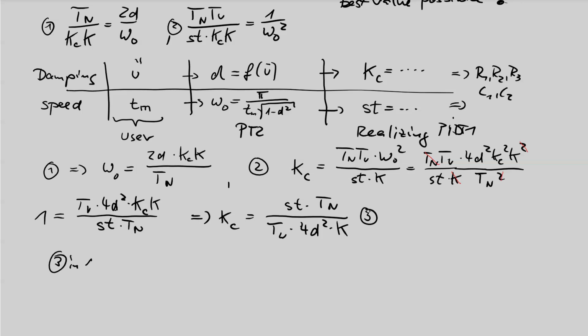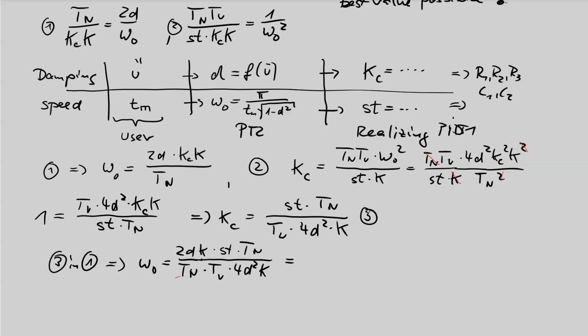3 in 1 gives omega naught is 2d divided by Tn times k, times Kc. Now I replace Kc with step depth times Tn divided by Tv times 4d squared k. And you see what happens.